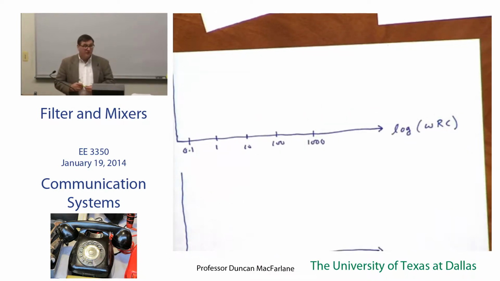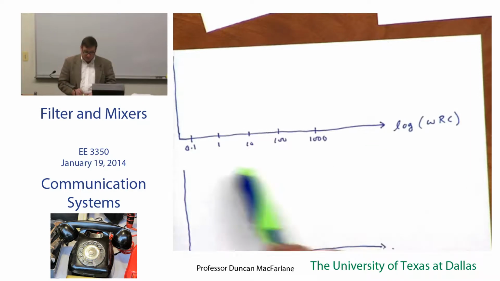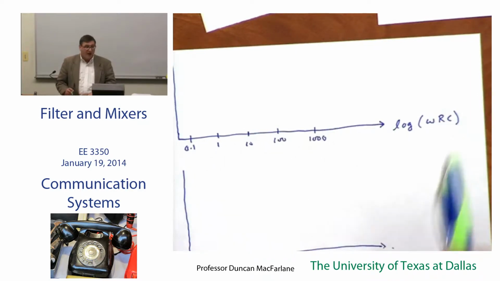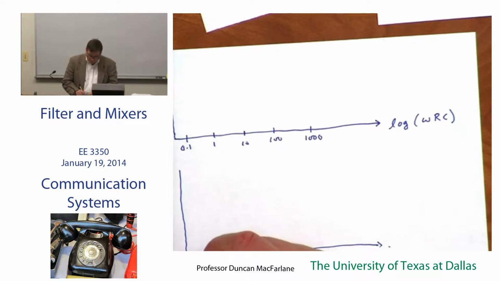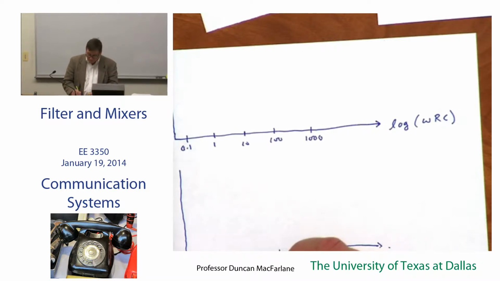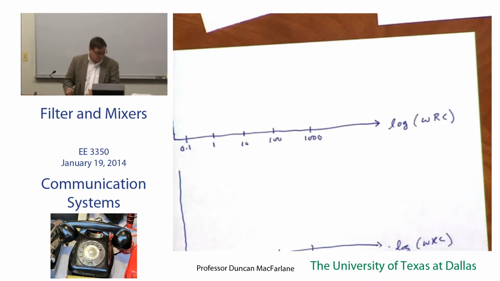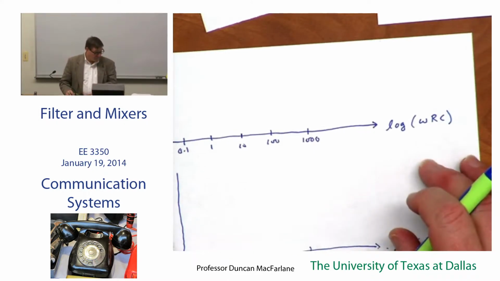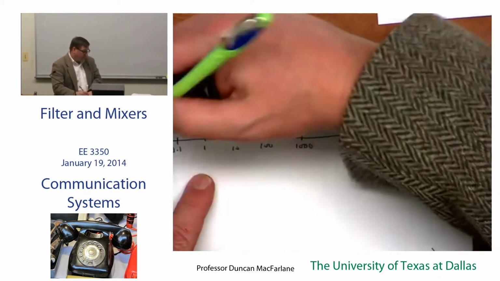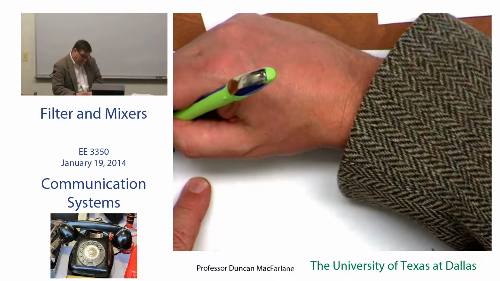And so I picked the log here just because I like to have many, many decades of frequency to plot. And I'm going to use the same axis on the top graph and the bottom graph. I draw two graphs with the same x-axis. Now, the vertical axis here is going to be in dB.